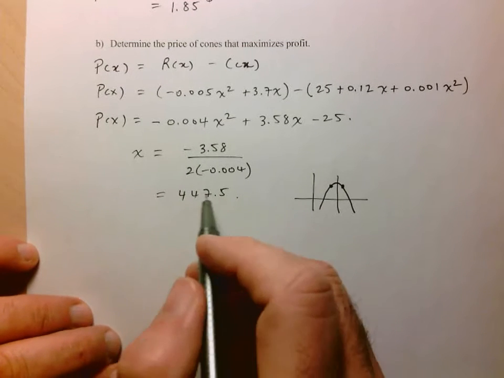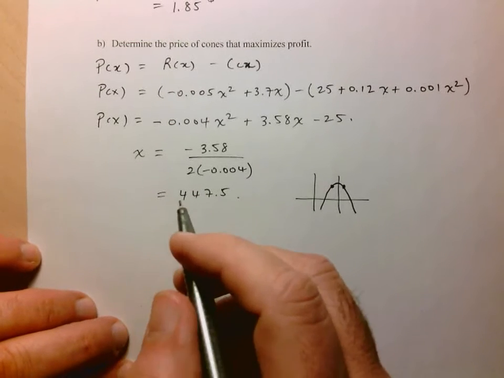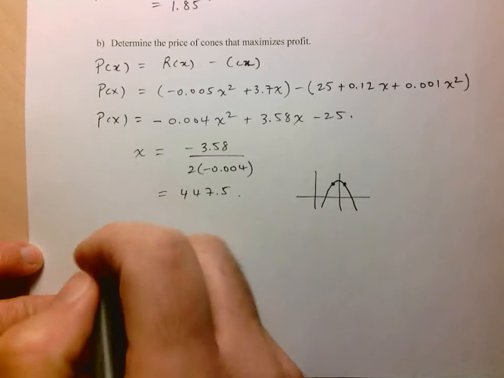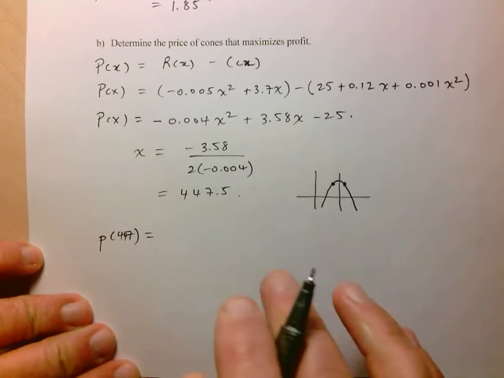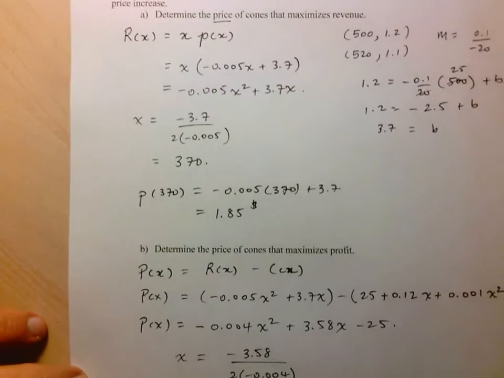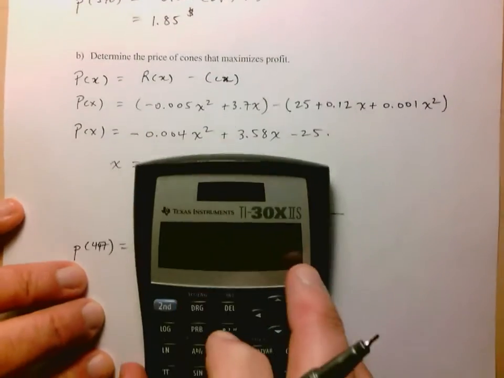Here again we've got those two choices. I suppose what you could do is put both of them into the price function and take it from there. So let's do that. Let's put 447 in the price function. Let me remember what the price function was. There we go.